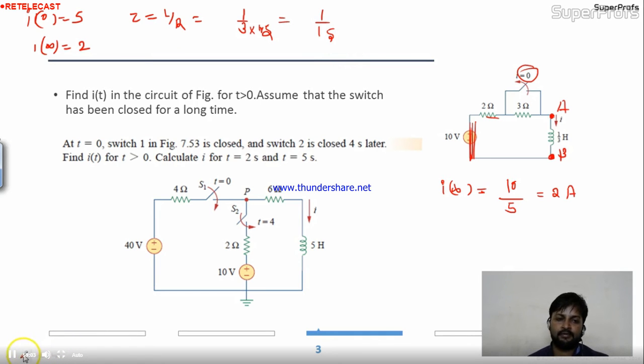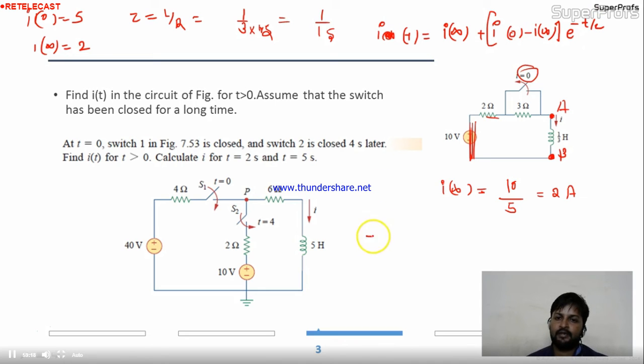Now, come to the formula. The formula is, IT is nothing but I infinity plus I0 minus I infinity e to the power minus t by tau. What is I infinity? 2, plus what is I0? I0 is 5, minus 2, e to the power minus t by tau.